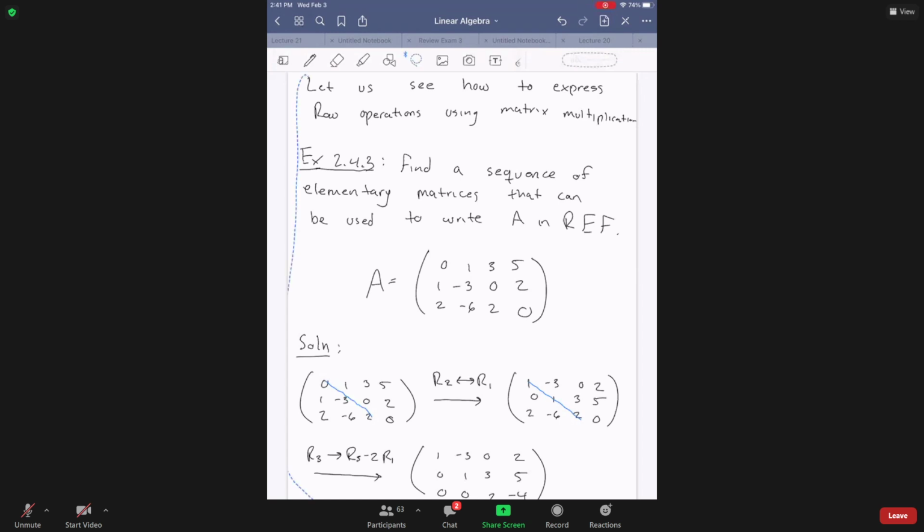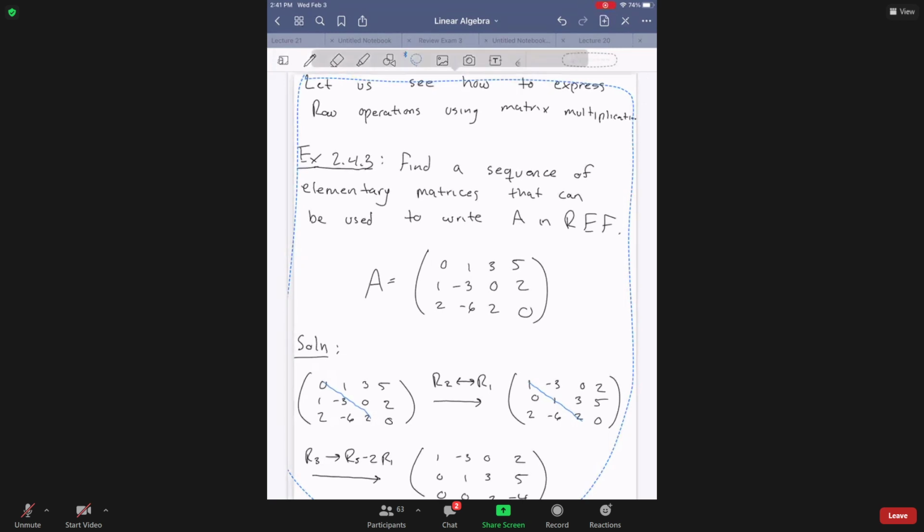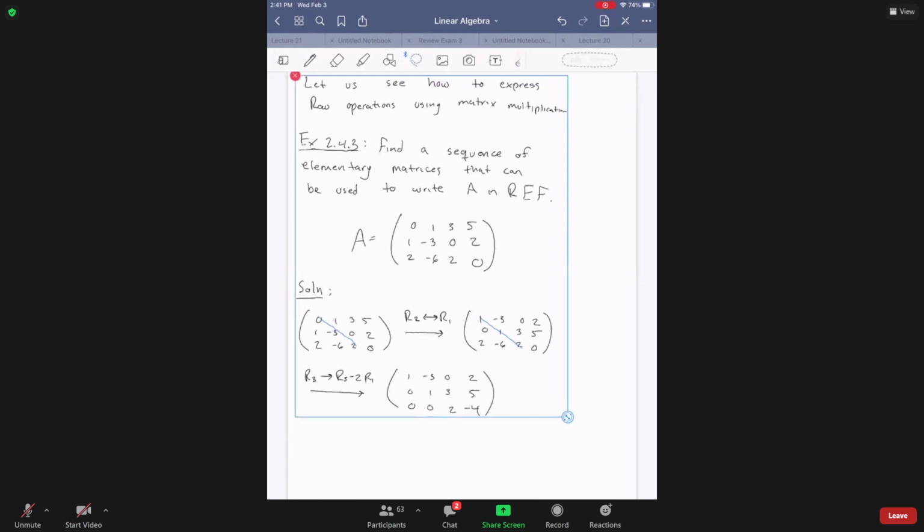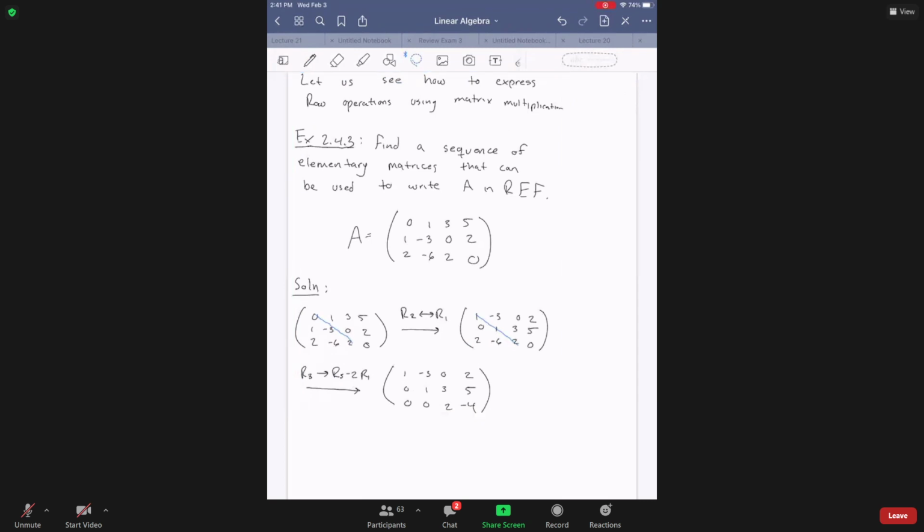Okay, so we got rid of that guy. Now we just make that 2 a 1. So row 3, replace it with 1/2 row 3.